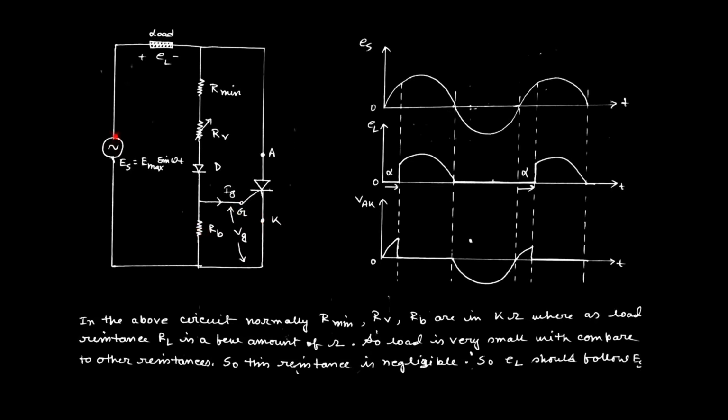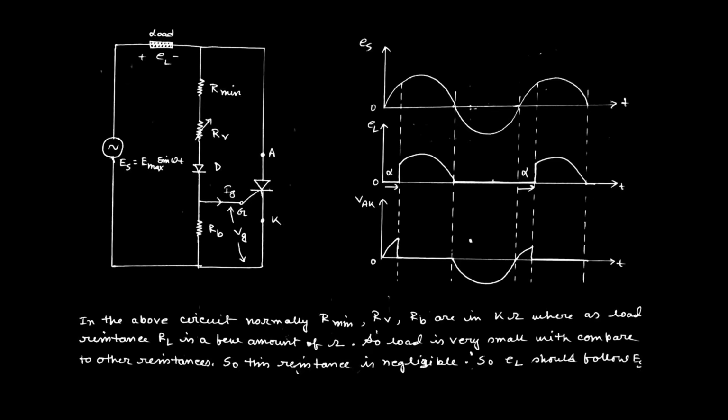As the sine wave reaches its maximum value at 90 degrees, defined by Emax, the maximum gate current, Ig max, starts flowing up to a permissible amount by proper adjusting of RV and by using R minimum, the minimum amount of resistance.